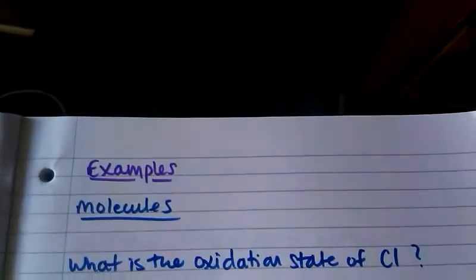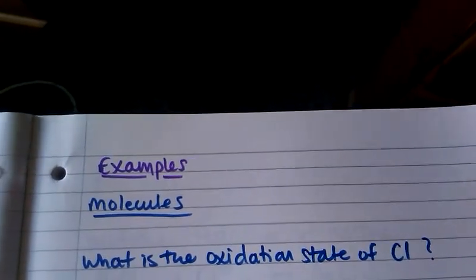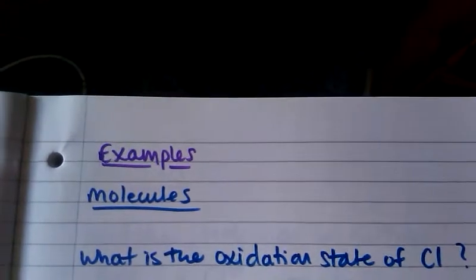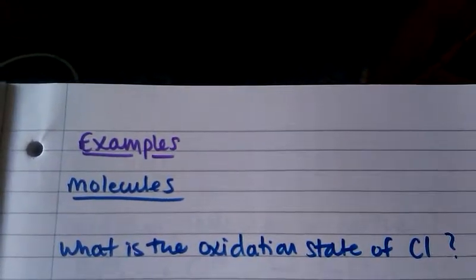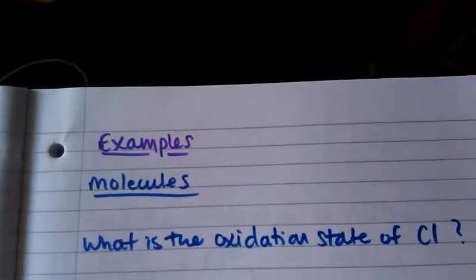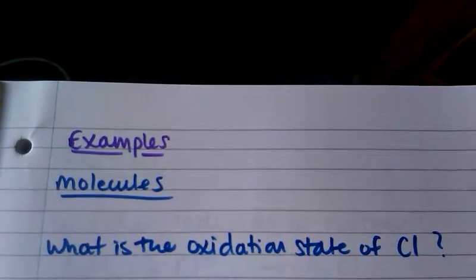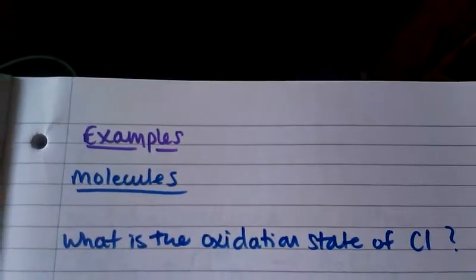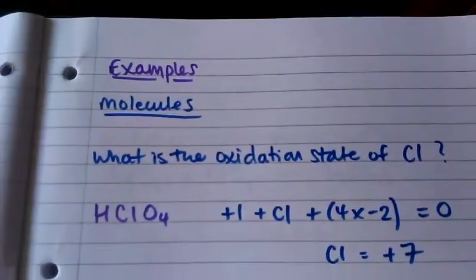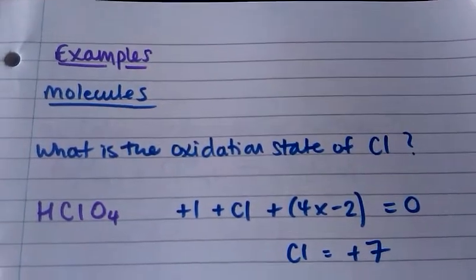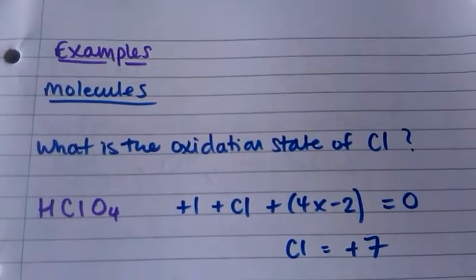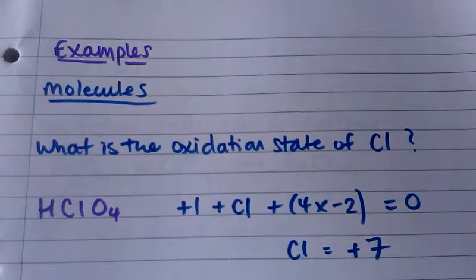Okay, so if we just go through some examples on how to determine oxidation states of atoms in molecules. So let's say we want to work out the oxidation state of chlorine in these examples. So firstly, we know that the oxidation state of hydrogen is +1.